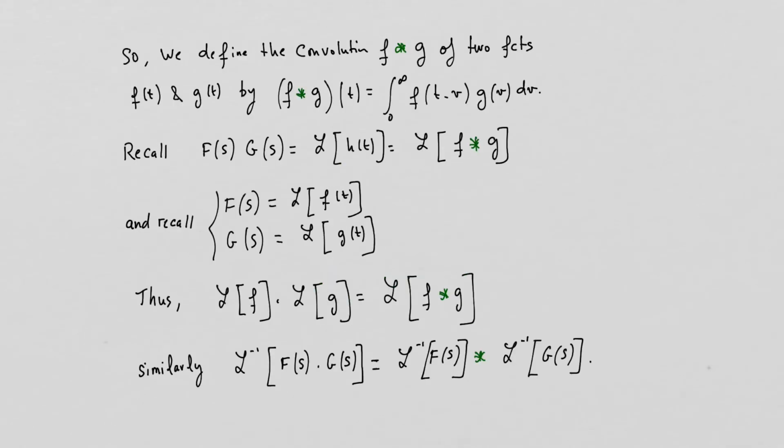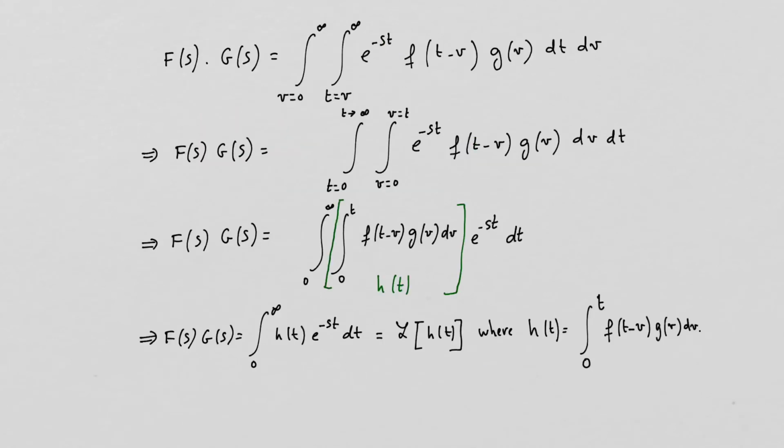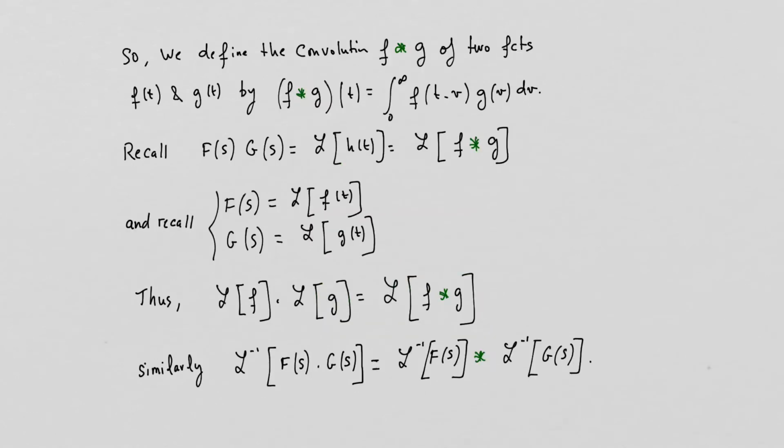Okay, so remember, we are here. We have just found F of s times G of s to be this function, which we called the convolution of f and g, right? The convolution of f and g.